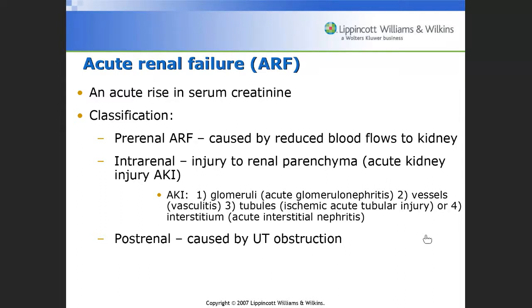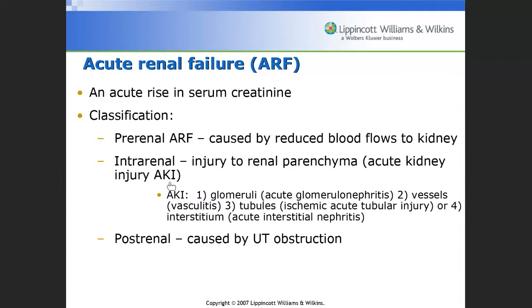One is pre-renal. Pre-renal refers to perhaps there is less blood flow to the kidney, and thus acute tubular necrosis will often be seen. Or it could be due to causes within the kidney themselves.